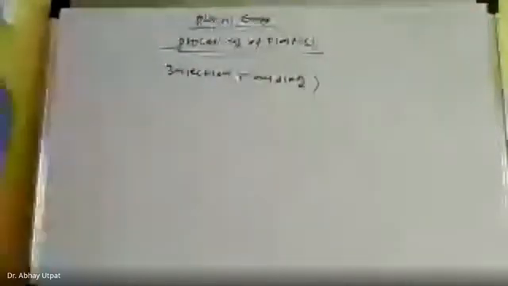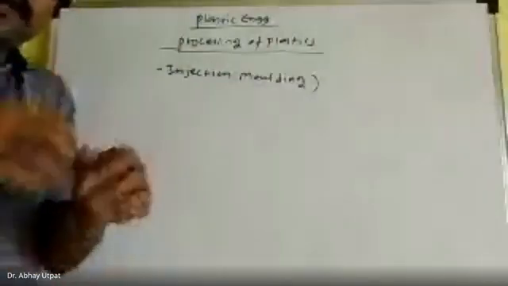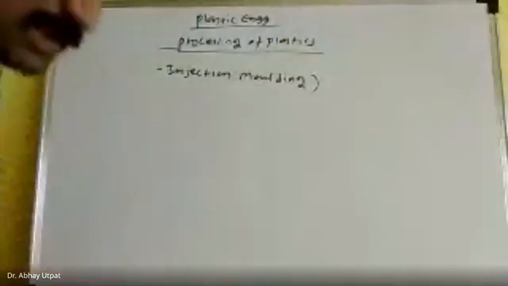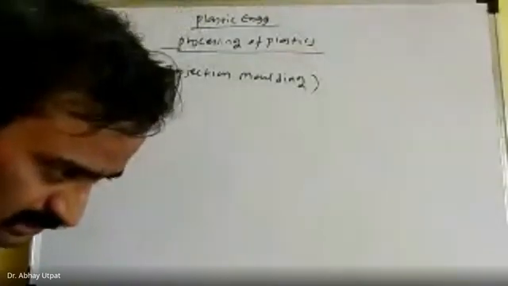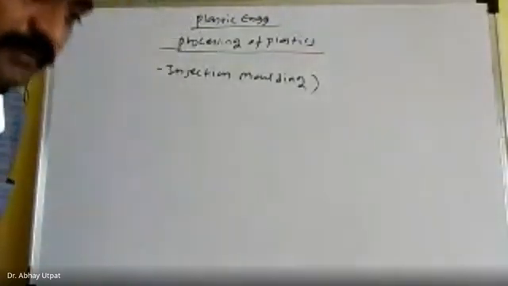Here, the injection molding machine includes a mechanism where the plastic granules are plasticized using a heater or by using a screw.